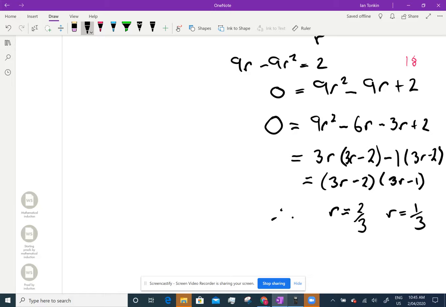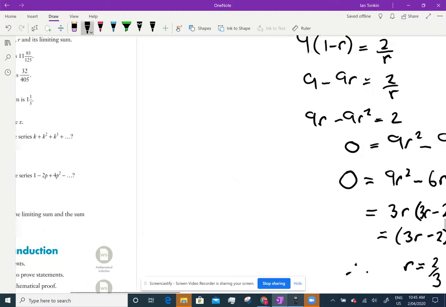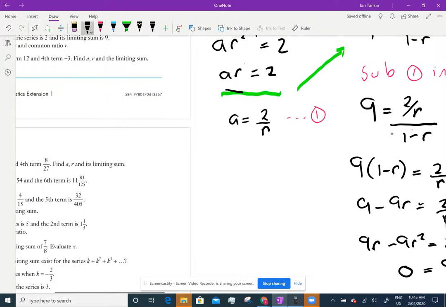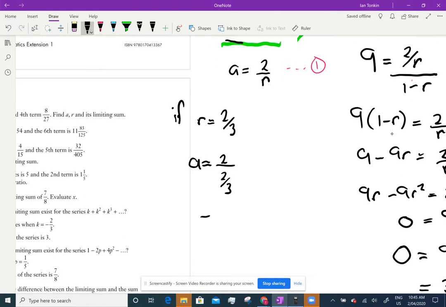Well, so I've got two options here. Let's go back here. If R equals 2/3, A equals 2 over 2/3. How do I divide by a fraction? I multiply by the reciprocal. So 2 times 3 on 2, the 2's cancel, A equals 3.